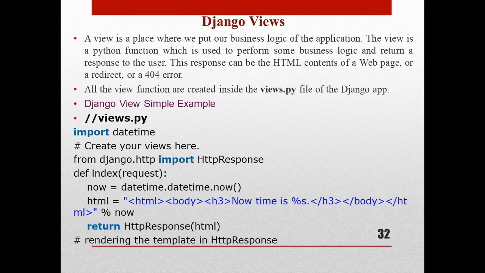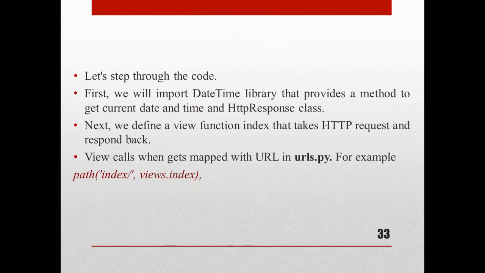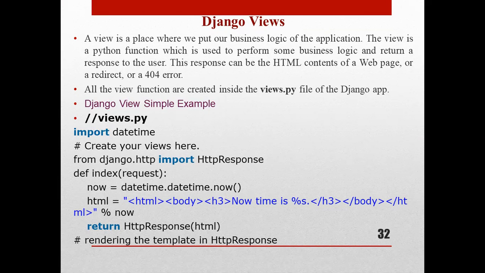Here all the view functions are created inside the views.py file of the Django app. You can see one example of creating a view for showing the current time. First we have to import the datetime library, which provides a method for getting the current time.